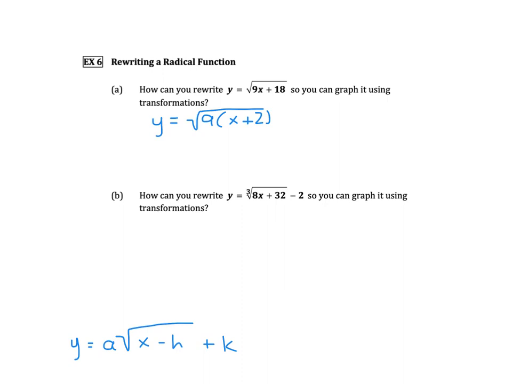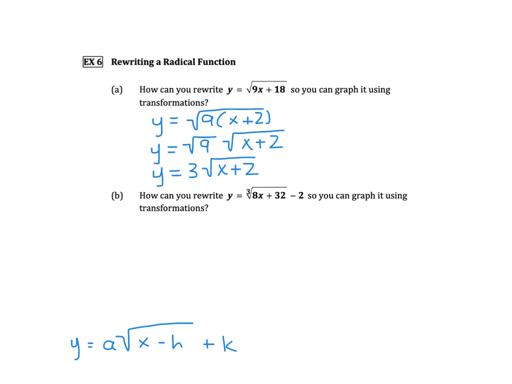Now, I can use my product rule for square roots and write this as y equals the square root of 9 times the square root of x plus 2. And the square root of 9 is 3. So this gives me y equals 3 times the square root of x plus 2. And now you can see that we are going to have a horizontal shift 2 to the left, and we're going to have a vertical stretch of 3.